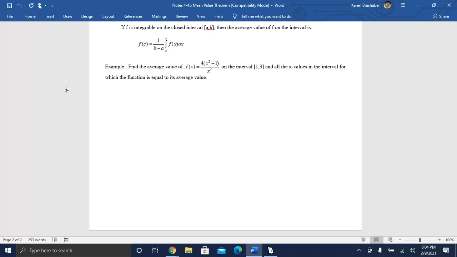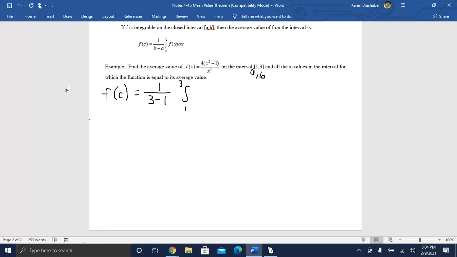All right, so using the average value form of the equation gets our variable by itself to begin with, and we'll have 1 over, noticing that I'm going from 1 to 3 again, b minus a, 1 over 3 minus 1. And then I'll integrate also from a to b, so 1 to 3.